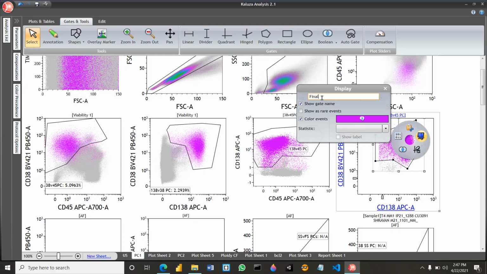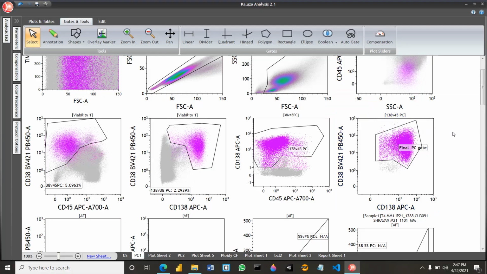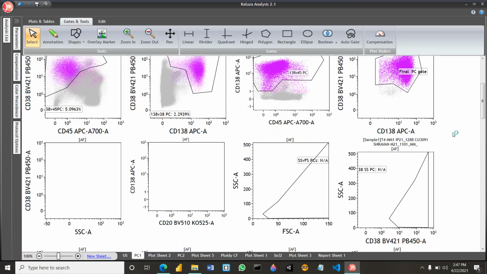So this is our final PC gate. Once we have the final PC gate, then we can start evaluating whether these plasma cells are clonal, polyclonal, or a combination of both.